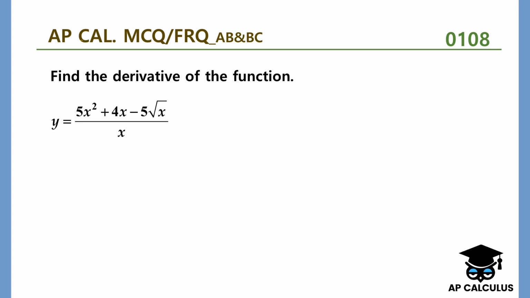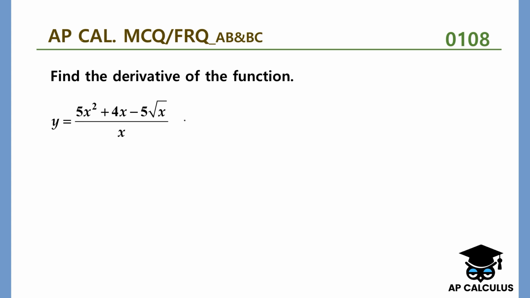Question 108. We have a rational function, right? And we have to find the derivative of this function. Okay, if the rational function has only one term in the denominator, then we don't have to apply the quotient rule. What we can do is simplify this first and then find the derivative of the function. So let's simplify this rational function right here.